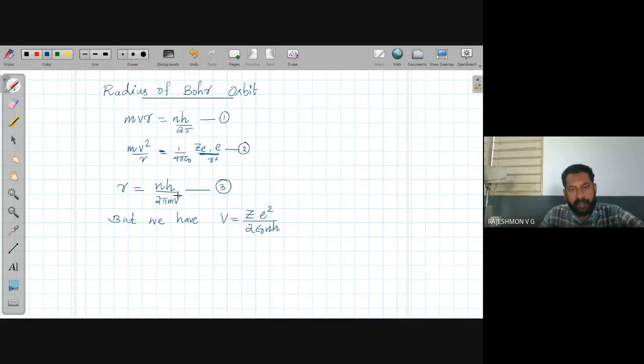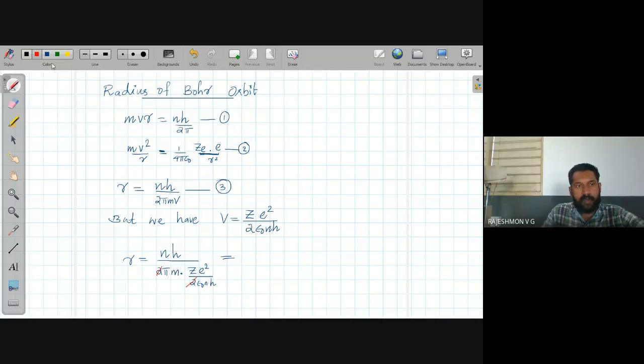So substitute back in this expression. r is equal to nh divided by 2 pi m into v, which is Ze square divided by 2 epsilon 0 nh. This 2 will cancel.